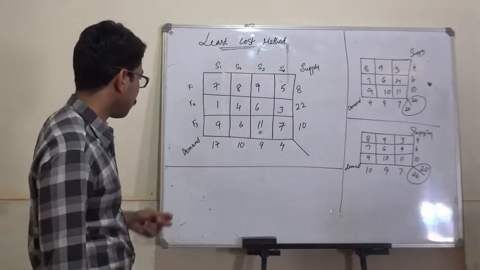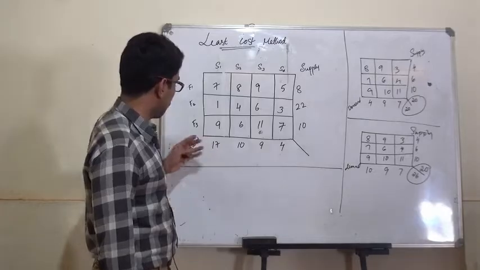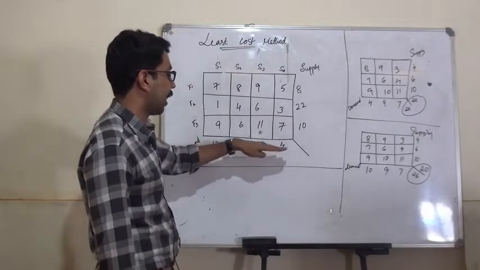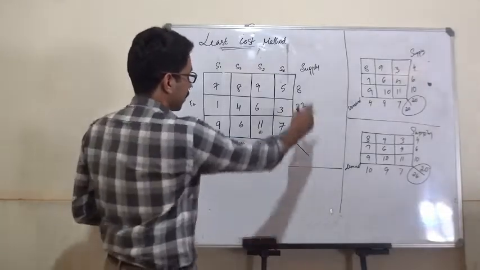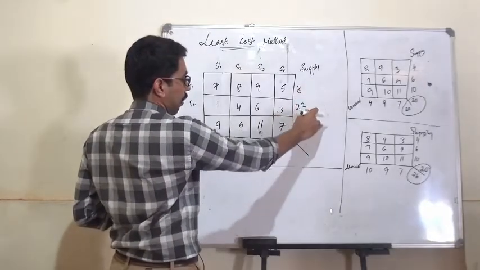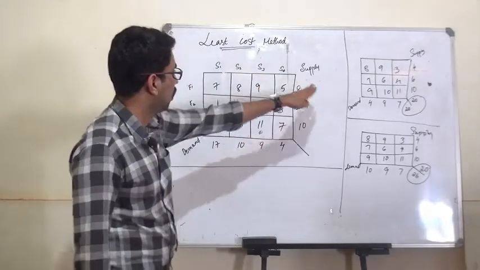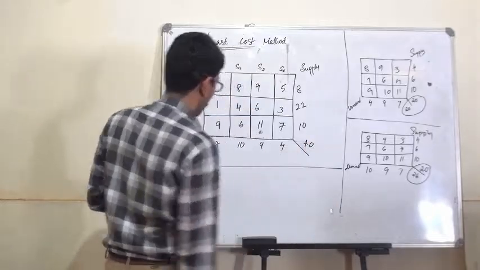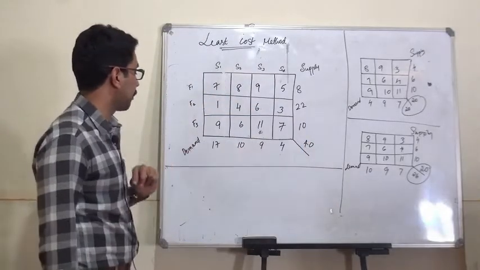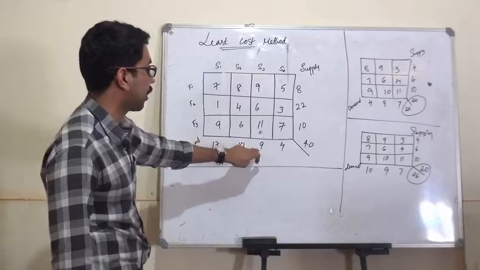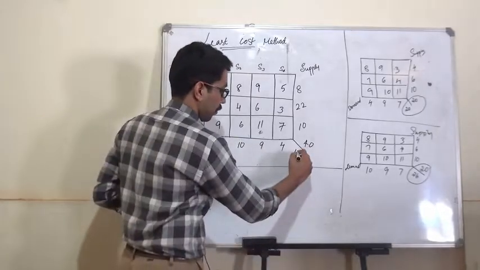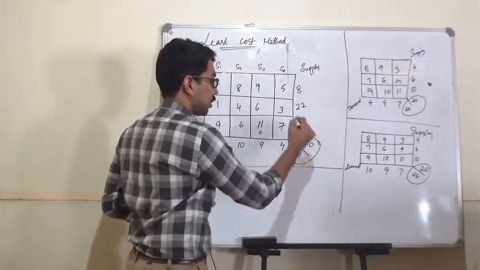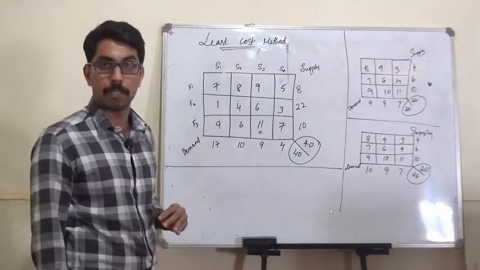The demands available are 17, 10, 9 and 4, and the supplies are 8, 12 and 10. The total of the supply is 40. Also the demand, when we calculate 17 plus 10 plus 9 plus 4, equals 40. So we can say that this matrix is a balanced table.